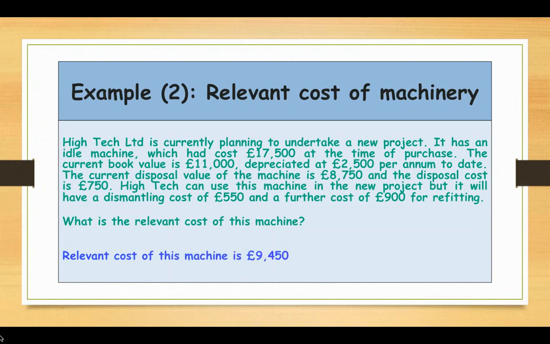So the relevant cost of this machine will be £9,450, which is 8,000 plus the 550 plus the 900.